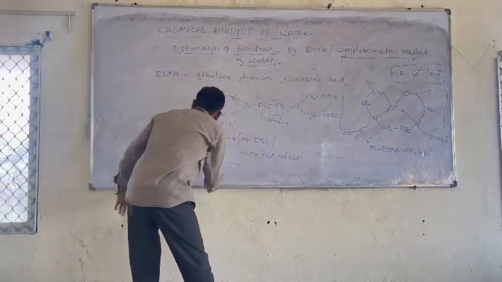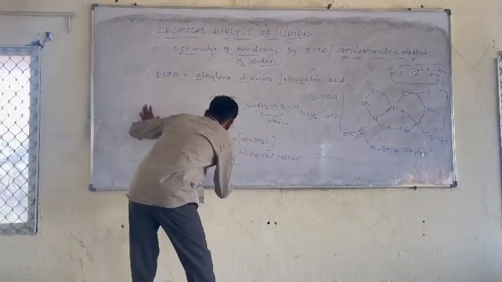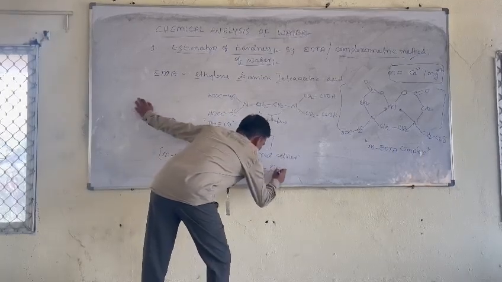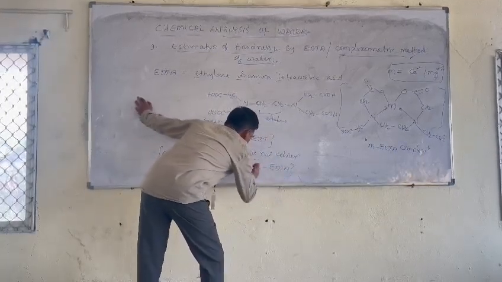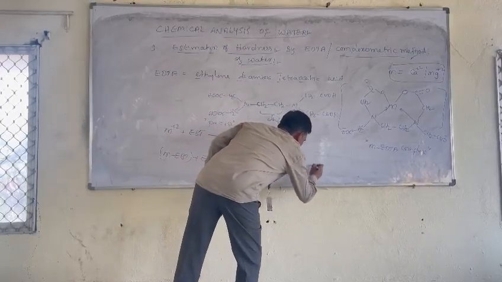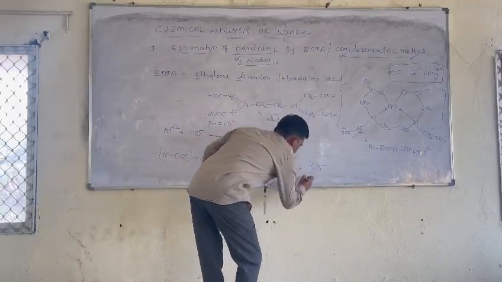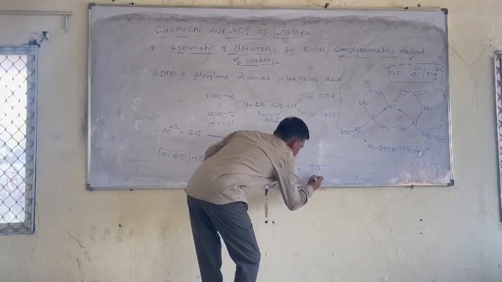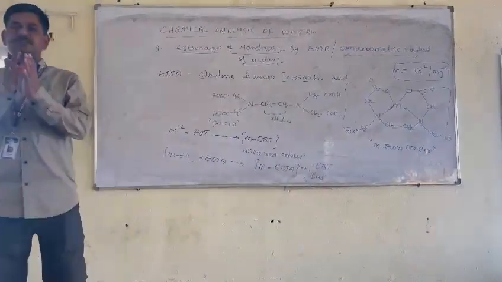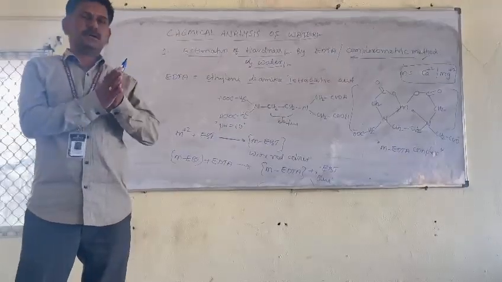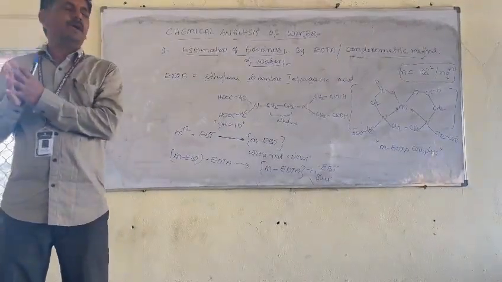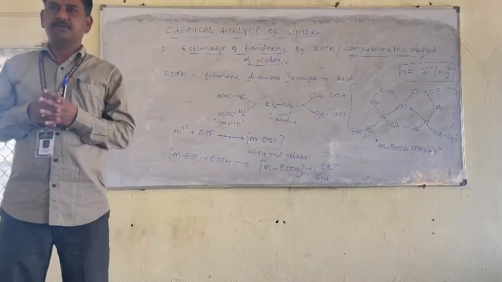It forms the metal EDTA complex and gives free EBT, which is blue in color. So the change of the solution color from wine red to blue indicates the end point of the reaction, right?